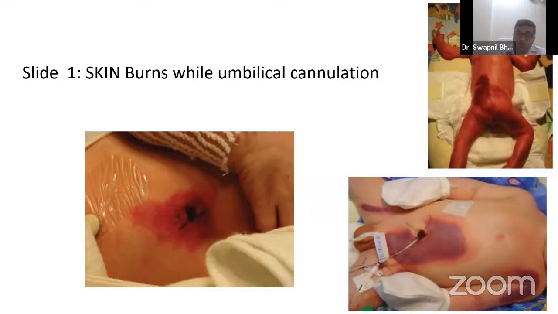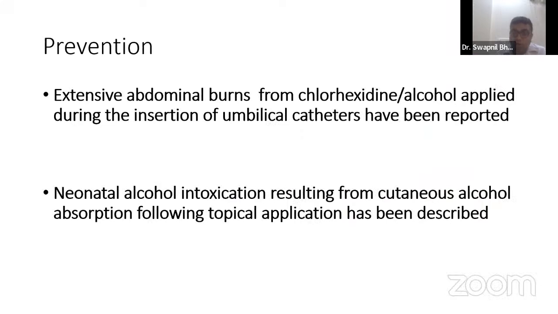With the concentrations being used, which have been studied in adults, they have found no skin rash or burning in adult patients. However, as gestation decreases, there is more incidence of these babies getting harmed because of use of a normal concentration of chlorhexidine or betadine.